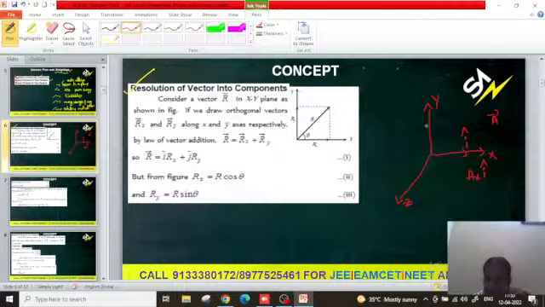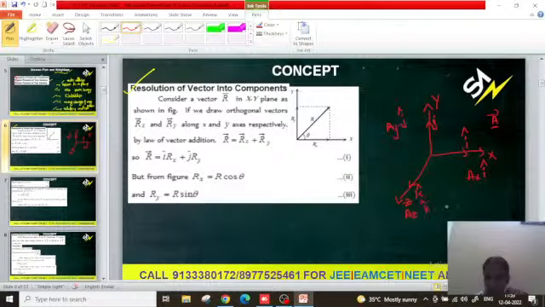The unit vector along the y axis is j cap, so you can say ay into j cap. The unit vector along the z axis is k cap, and a vector along the z axis we can write as az into k cap.